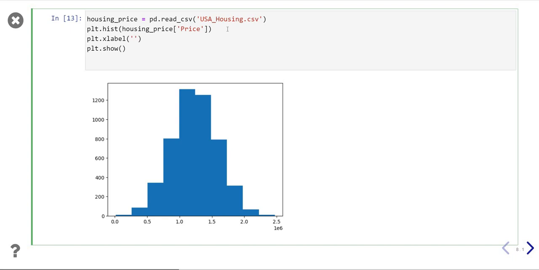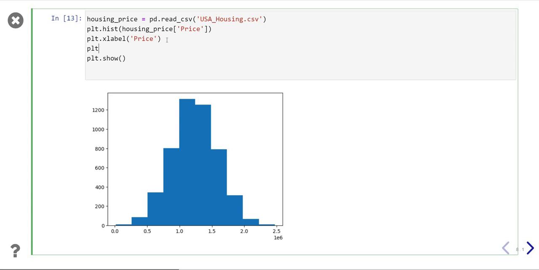It is the price, right? And what is the y label? Number of houses, right? Remember, a histogram is showing you the frequency.